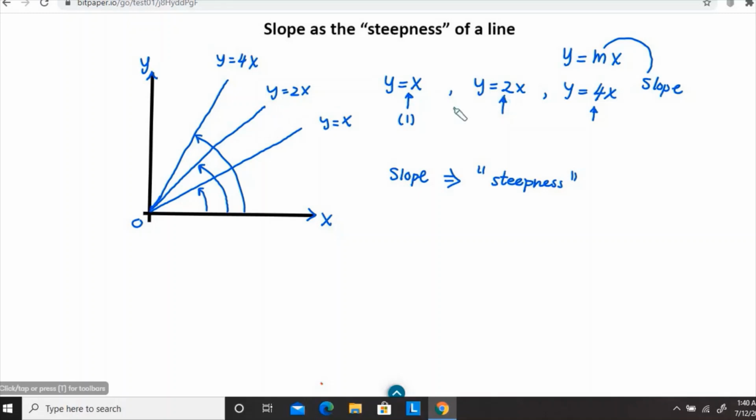Then y equals 2x has a steepness like this, and y equals x has a steepness like this. So that means the angle increases. Steepness increases means the angle the line makes with the positive x-axis increases. So that's another way of identifying the slope. Simply look at the steepness of the line.